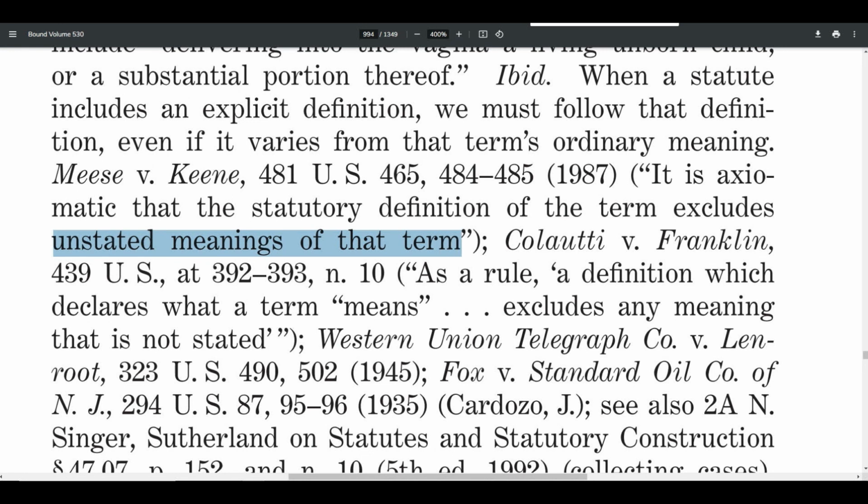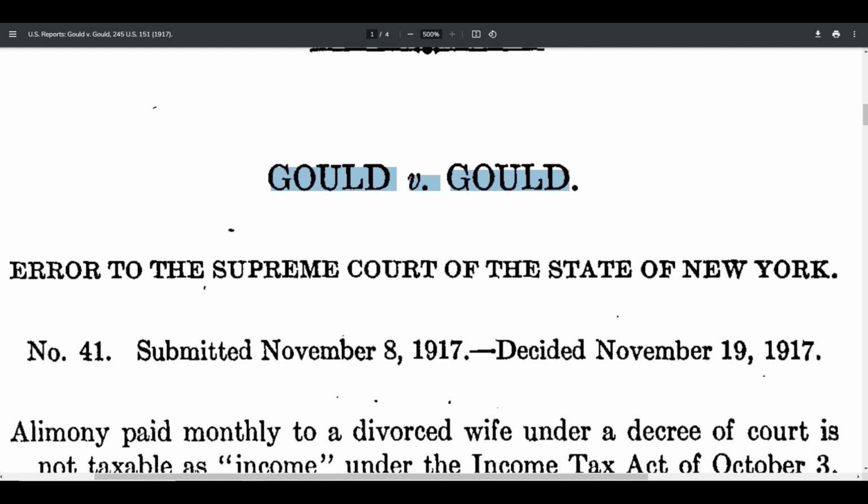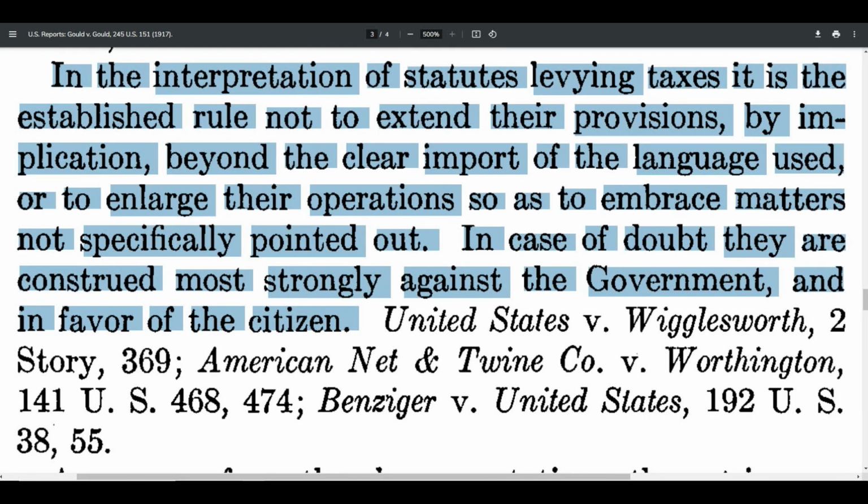And if you have any doubts, this other Supreme Court case, Gould versus Gould from 1917, gives us the final answer.